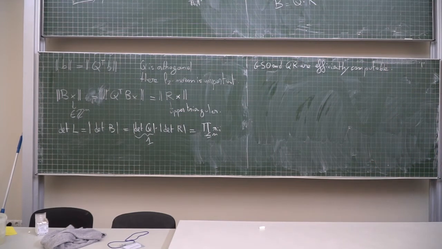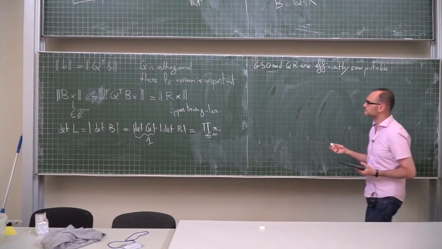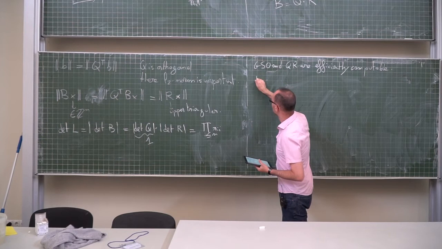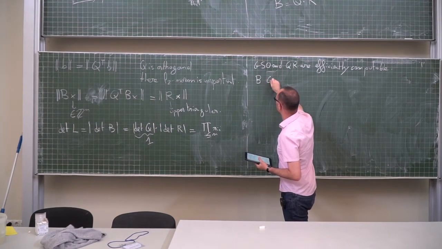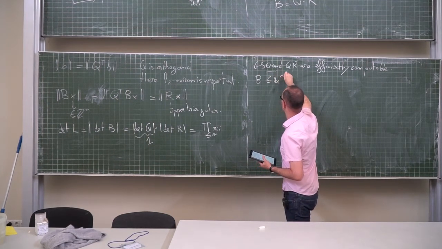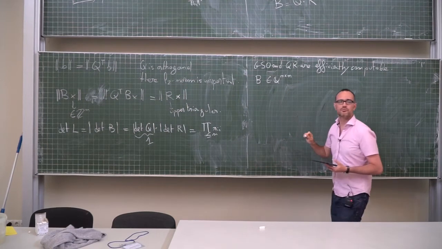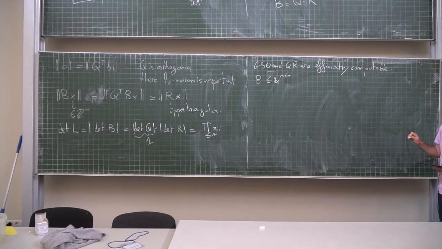Basically this is just linear algebra, so it's big O of n cubed operations. What you have to be careful about is operations on what? For B in Q to the n times n, you can prove that the GSO is rational.